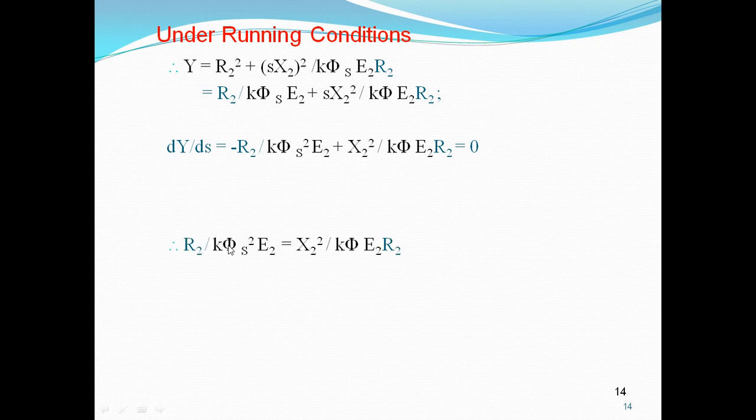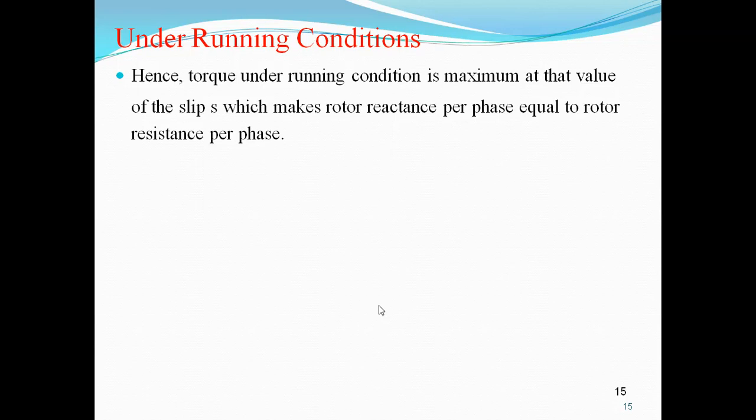Equate this. Here K gets cancelled, E2 gets cancelled, and phi gets cancelled. Then R2 square is equal to S square into X2 square. So R2 is equal to SX2. What is SX2? Reactance. That is, torque is maximum when the rotor resistance is equal to rotor reactance under running condition.